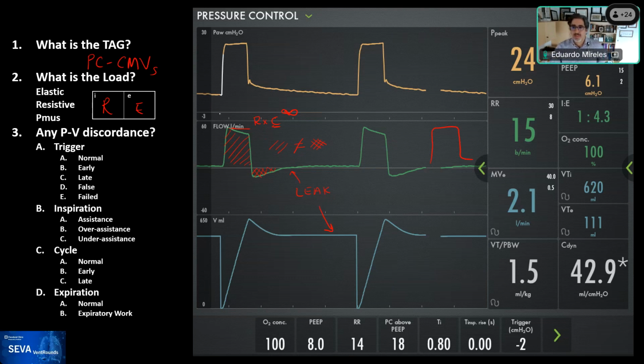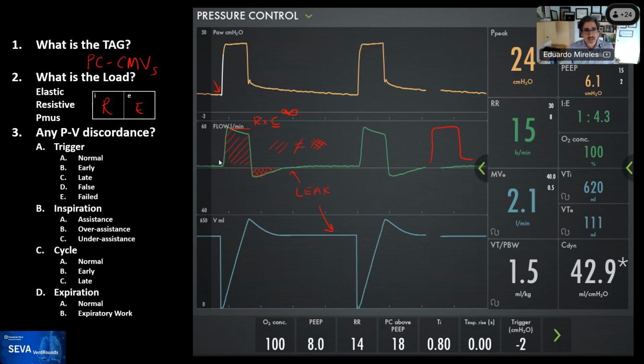Thank you for starting to put in your answers. This is, as always, a tricky one, and that's why we put it. The one we're talking about is this one over here. In this one, there's no patient activity. We don't see any Pmus, or at least we cannot see it. If there was, we cannot see it because of the large leak, but we don't see any depression on the flow or on the pressure.